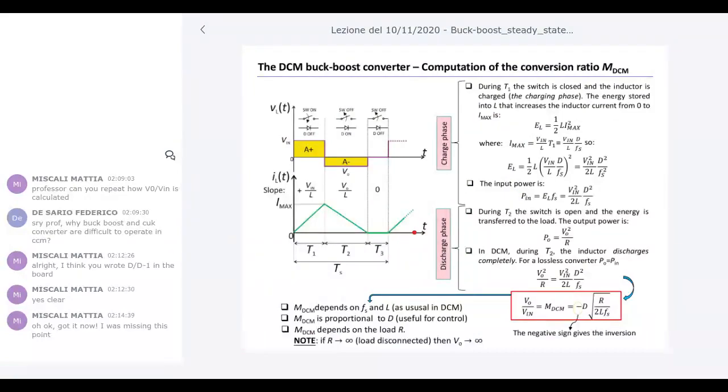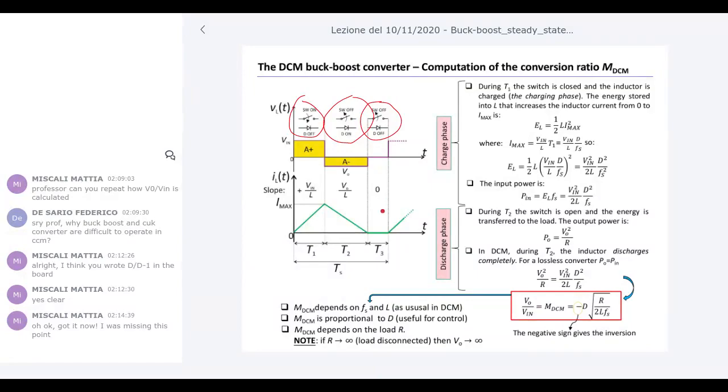So there is a T1 period, in which the switch is on and the diode is off, as happens in CCM. Another period T2, in which the switch is off and the diode is on. And then we have a third time interval, which is called T idle or T3, in which both the switch and the diode are off.